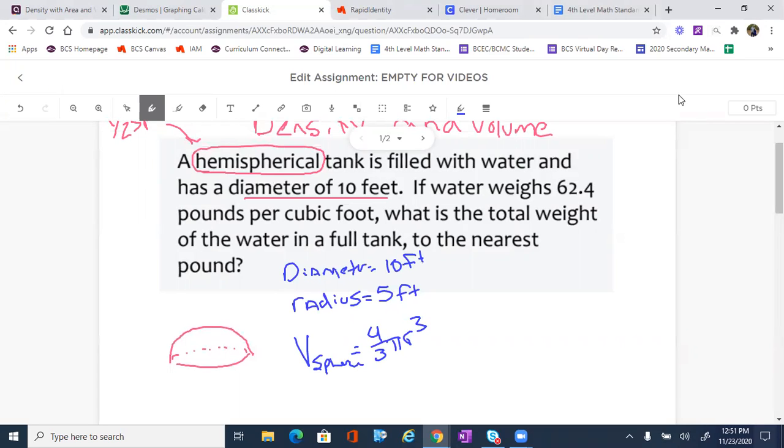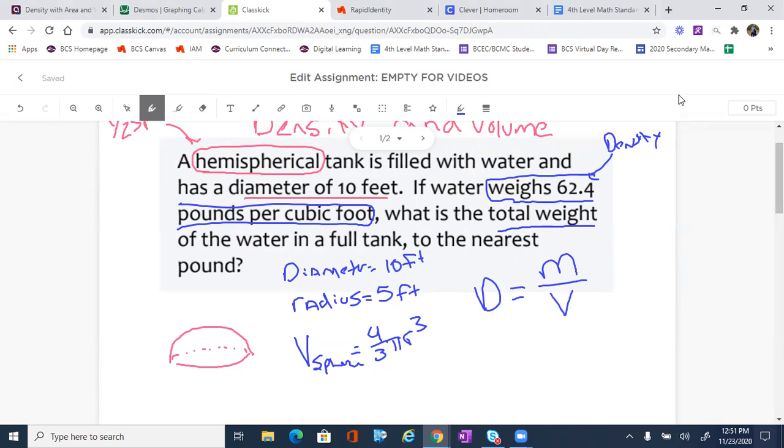And what we're going to end up looking for is the total weight, if we know that it weighs 62.4 pounds per cubic foot. So what it's actually given us is the density. How do I know that is the density? Well, I know density equals mass divided by volume, or mass per volume.